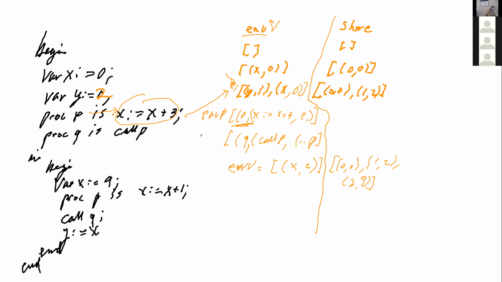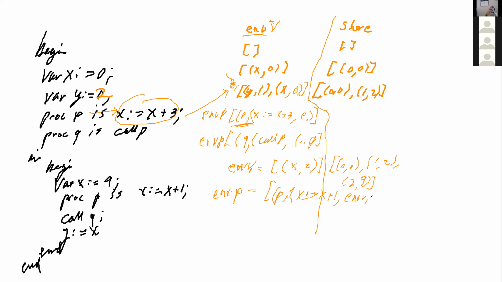In the ENVP part, I update so that in my new ENVP I get an entry for P, which gets paired with X gets the value of X plus 1, and this one, ENVV1.